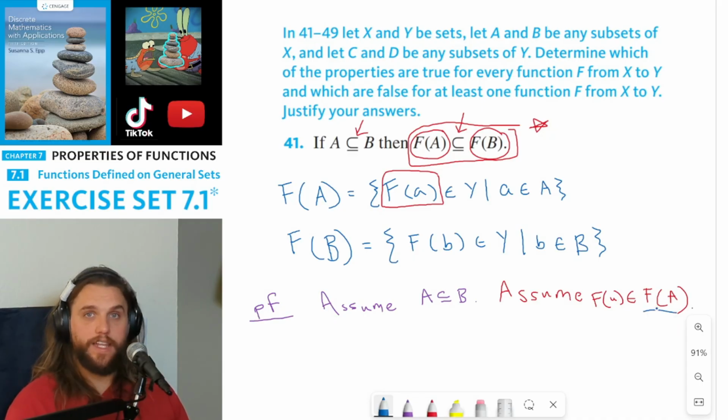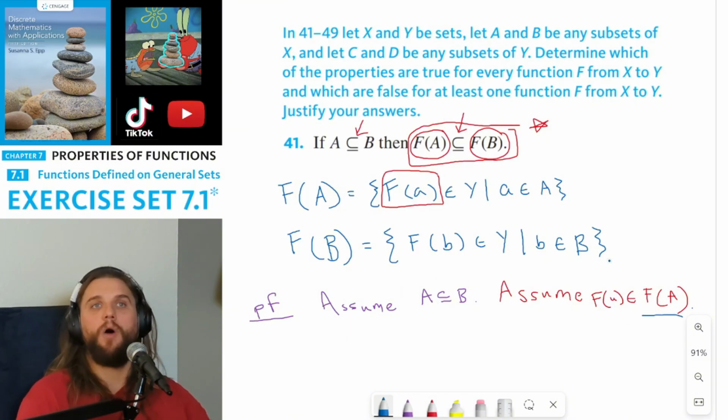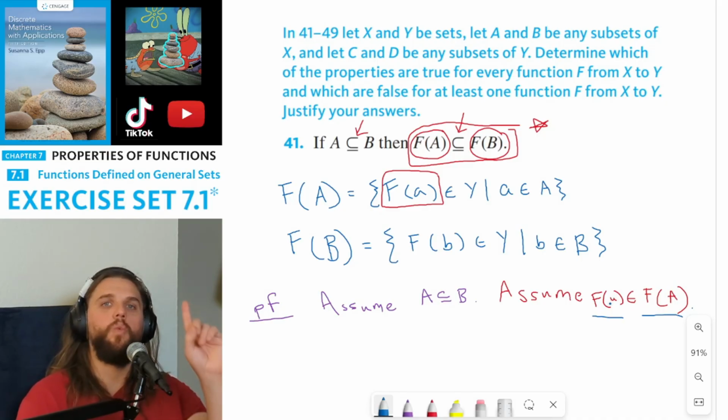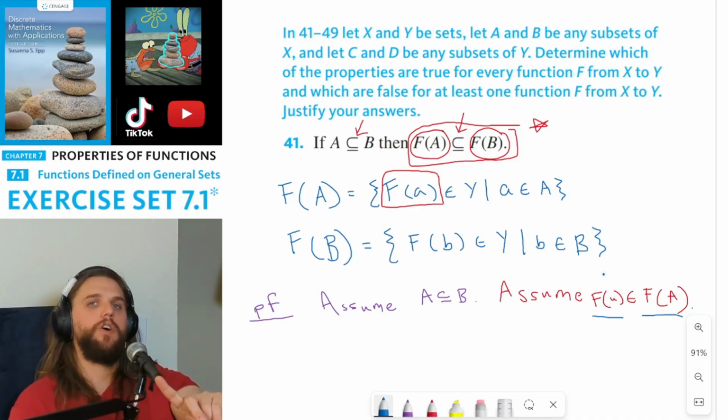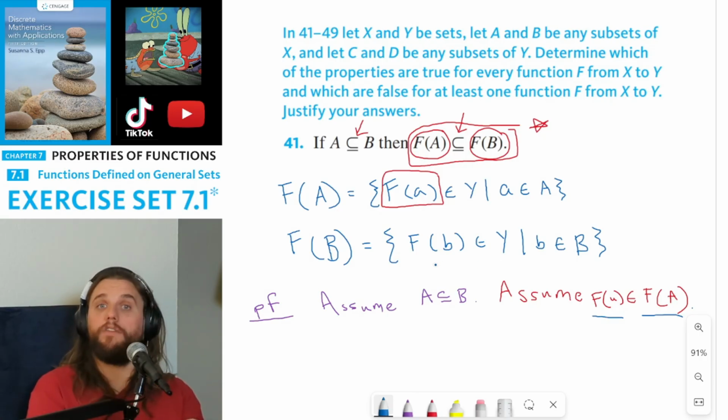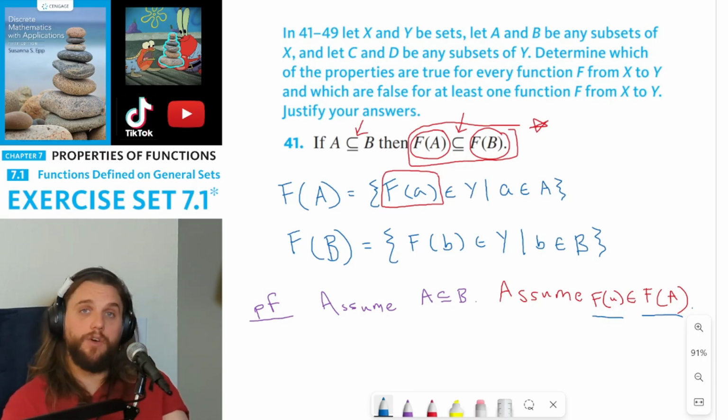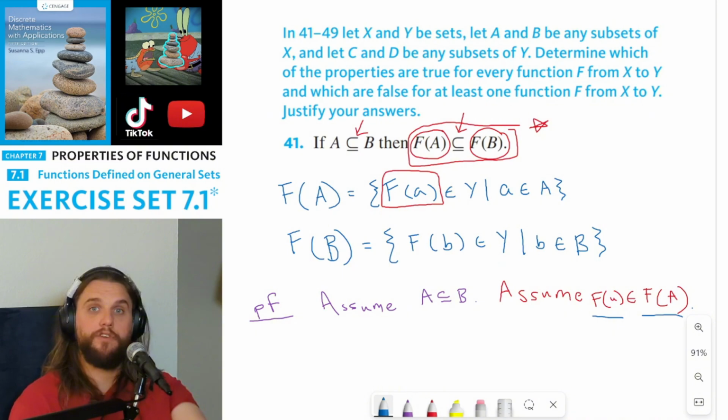This is a set, and this is an element in that set. So F of A is the set of all outputs corresponding to the set A, and capital F of u represents just one of those outputs. So the set is the collection of all of the outputs, and F of u is just one of those outputs from that set.